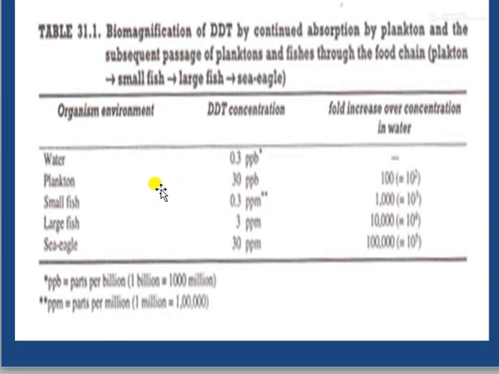From the water to the plankton itself, a 100-fold increase occurs. To the small fish, it becomes 1,000 times, and then to large fish, it becomes 10,000 times. So the amount of the xenobiotic, here DDT, is increasing at each level of the food chain.